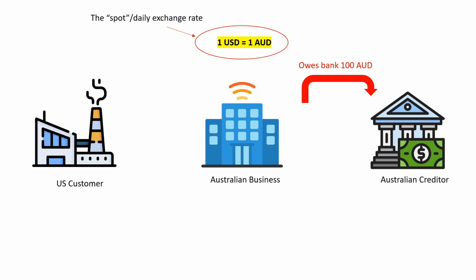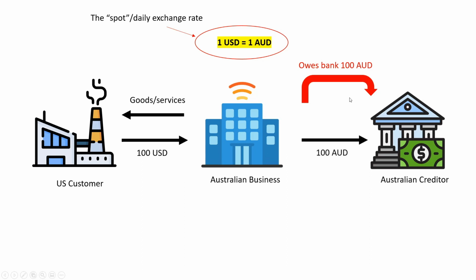So you, as an Australian business, sell some goods and services to the US-based customer, and in return, you get 100 United States dollars from the US customer. Just note that you're getting USD because you're selling to the US, so you're not getting AUD. That means you, as the Australian business, will need to convert the USD that you have obtained from a US customer into Australian dollars before you can pay off your bank.